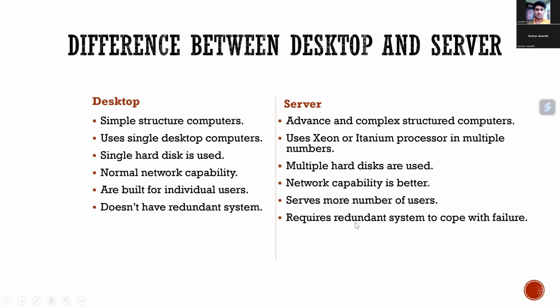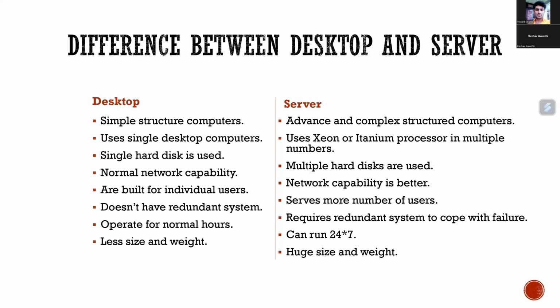But if any type of failure arises in the server, then a huge team of developers and computational scientists is required to solve that server-related issue, because a server is a very complex thing. Next is operating hours: 6 to 7 hours for a normal user, while a server has to run 24 by 7 globally. Next, desktops are small in size, and servers are very huge and heavy.